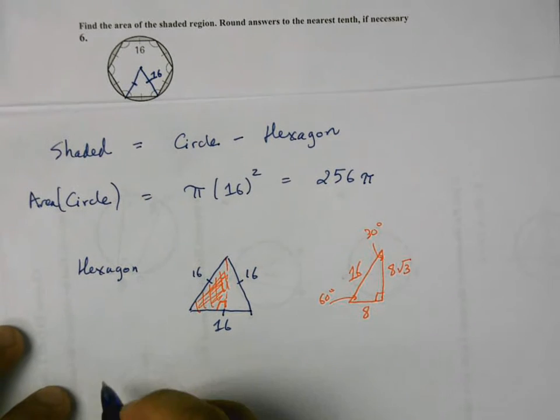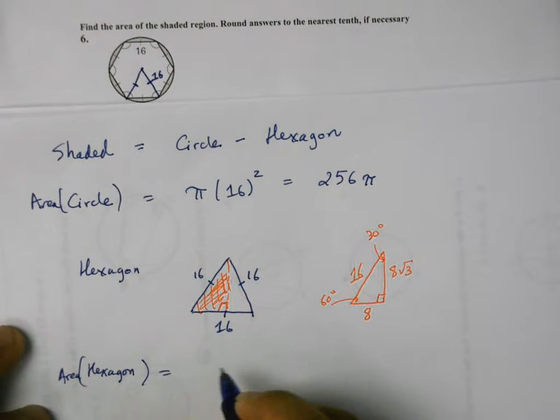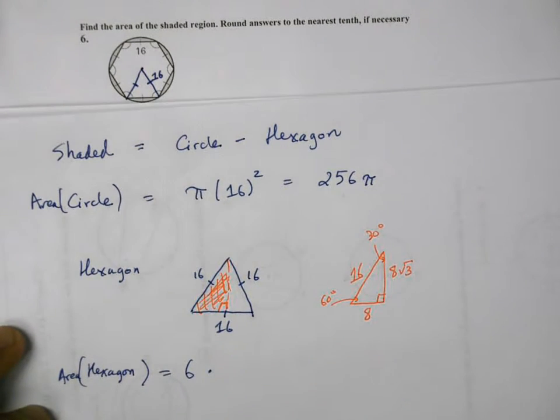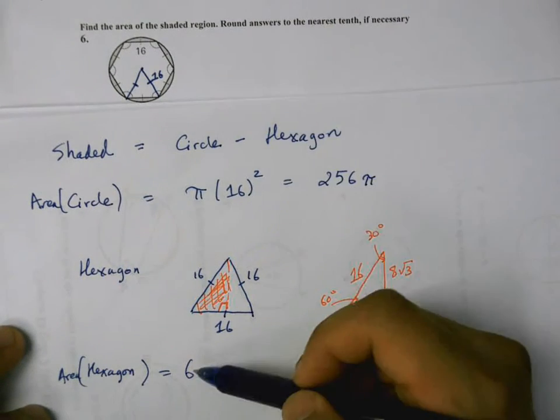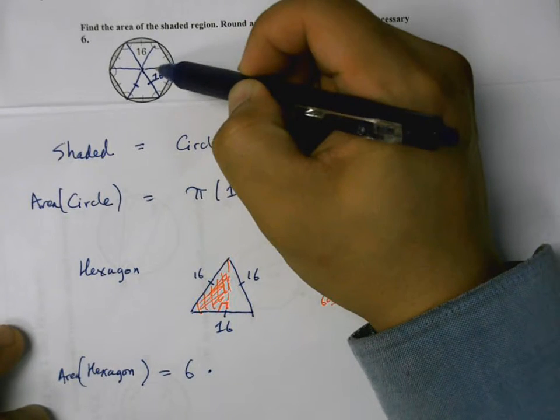So the area of the hexagon then is equal to 6 times, well, first, why 6? Well, there's 6 of these triangles that we can create.